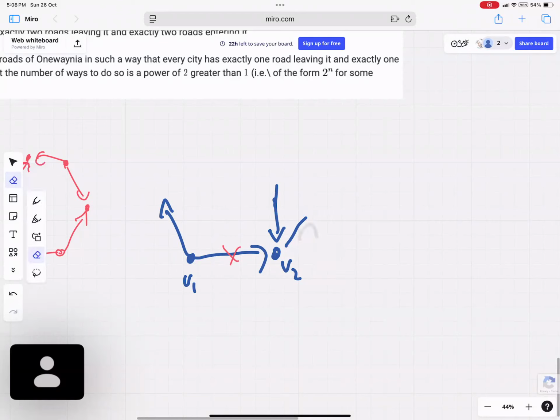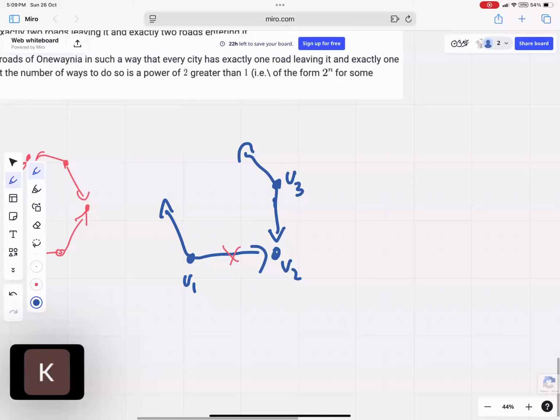Okay, yeah. Right. So say this is V3. Now V3 has something coming out of it. So we are forced to delete the other one. You're putting these edges into two sets, right?